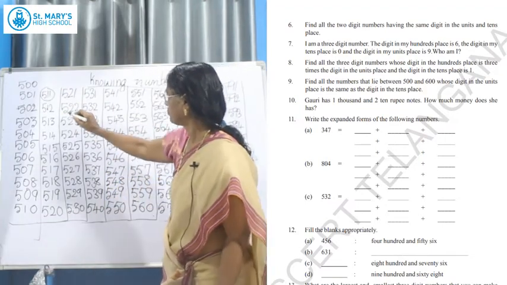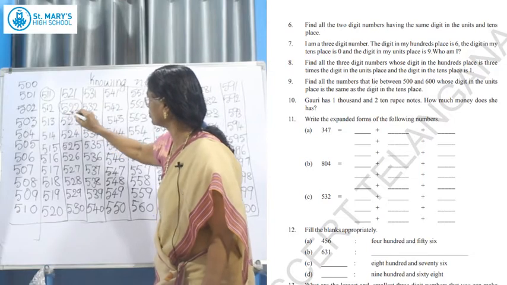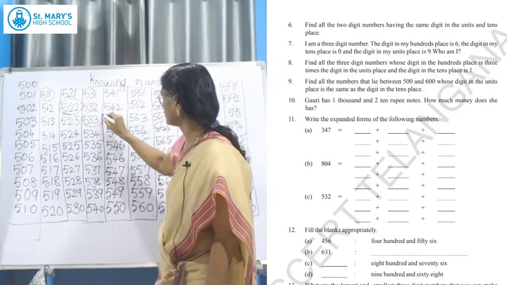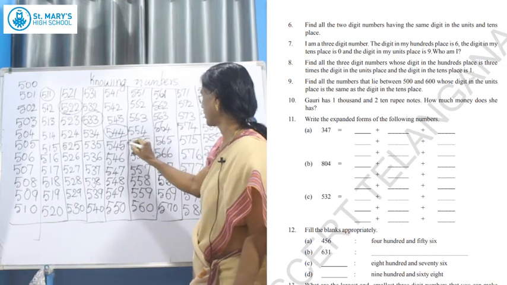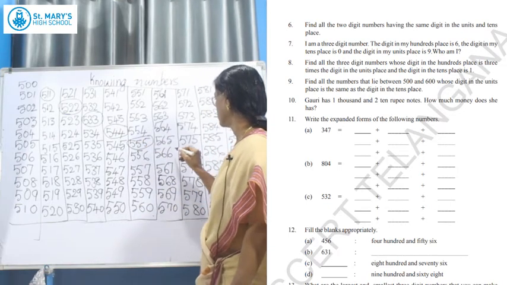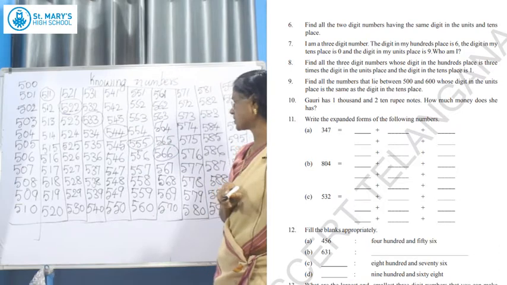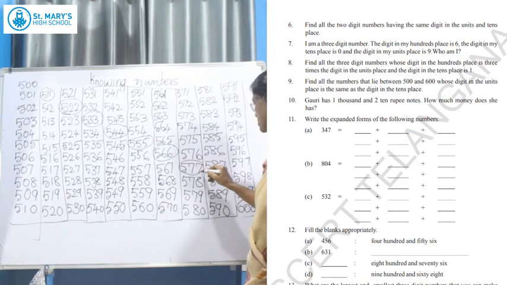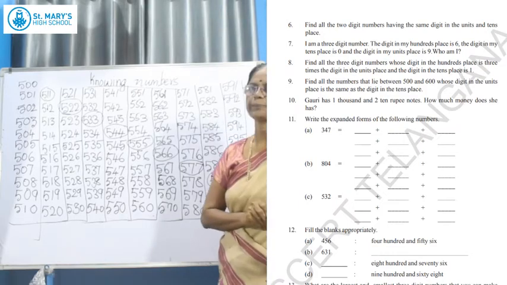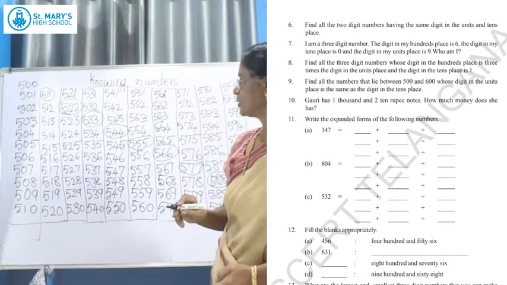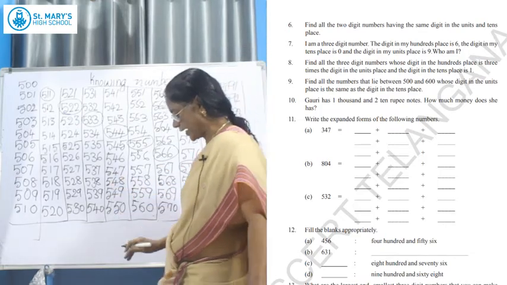511, 522, 533, 544, 555, 566, 577, 588, 599. Right? So now write down the answer.